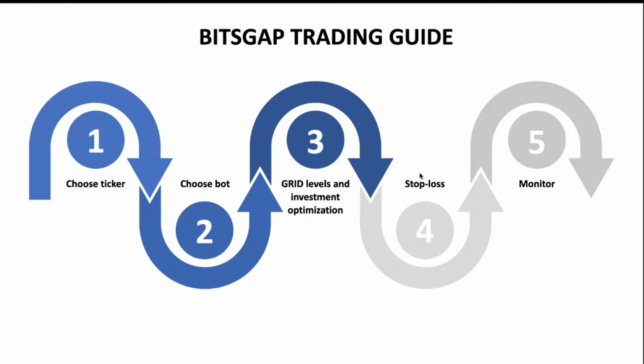Set the stop loss if you want. That's the basic principle of risk management. Set the trading up function if you want to follow the price appreciation and you want your trading range to follow the price action. And simply monitor the market.